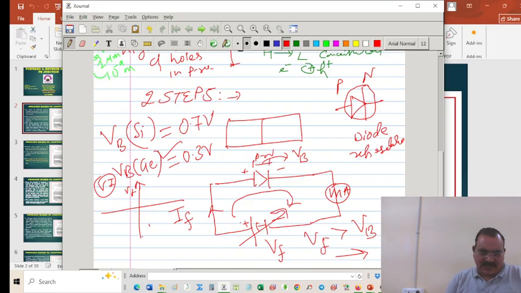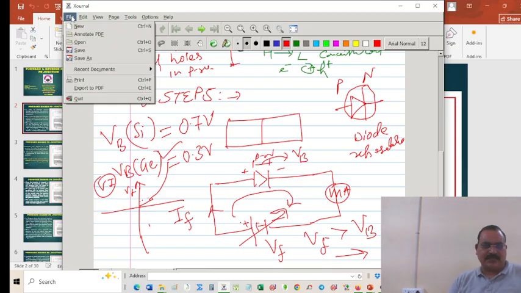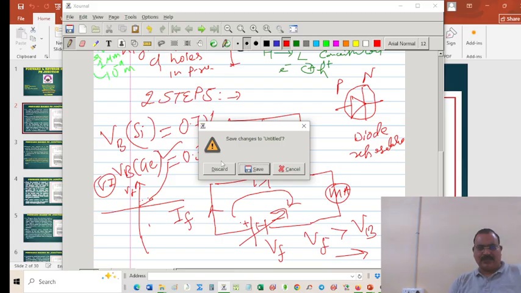Up to 0.3 it behaves like a normal, non-ohmic PN junction diode, and after that it starts working like this. This is the VI characteristic for forward bias. Okay, so how the current flows in the forward biasing case, that we have to see.